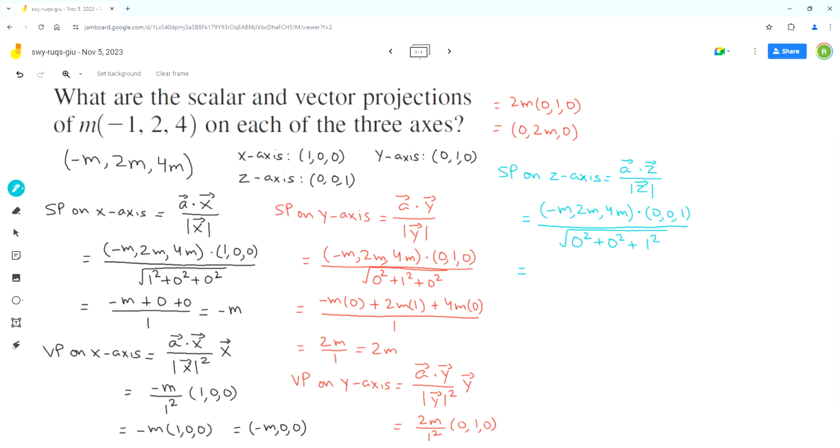Now we can do the dot product in the numerator. So we get the scalar projection equal to 4m. Now we can calculate the vector projection.